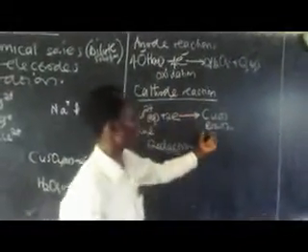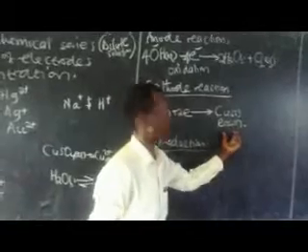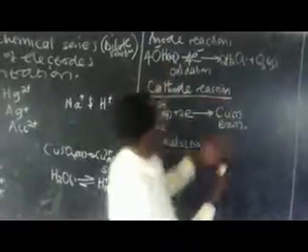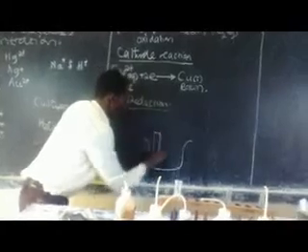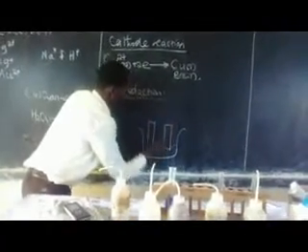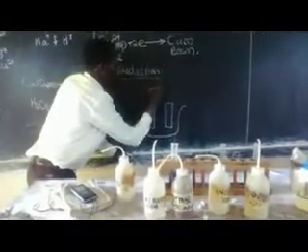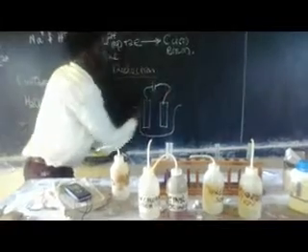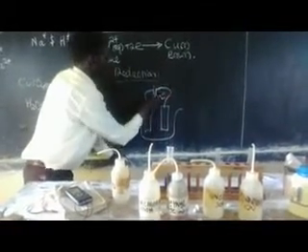So let me ask you here, what is observed at the cathode? You will say a brown solid deposit. At the anode, you will say bubbles of a colorless gas. So if this is your cell, this is your anode, this is your cathode, and this is where you have a dry cell, direct current, pushing electricity from here.